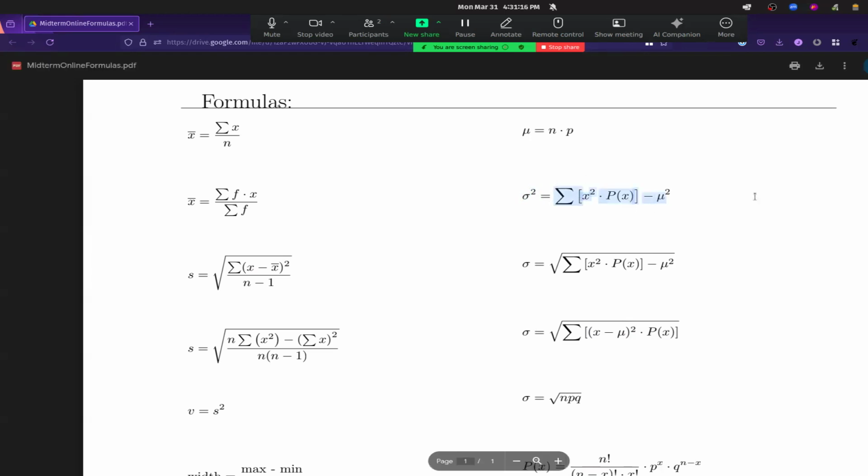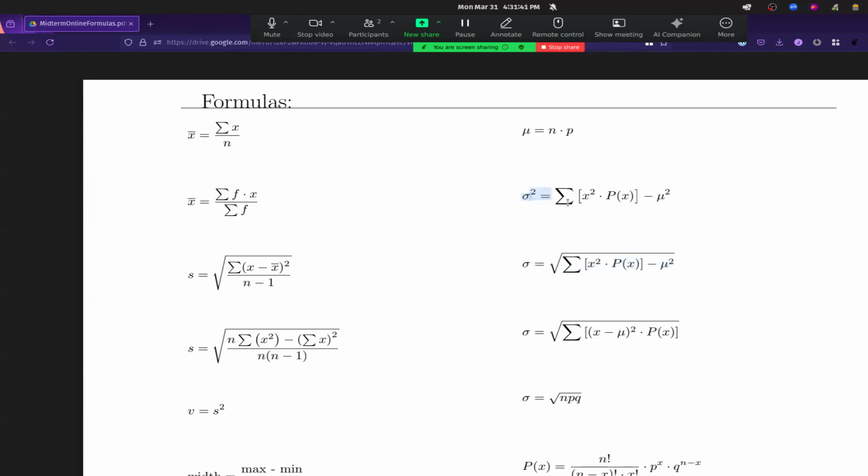You just don't take the square root. Most of what we're going to do involves the standard deviation. If you're ever asked to calculate variance, and there could be a question on the exam about that, then you're safe just calculating the standard deviation and then squaring it to get rid of the square root, and you'll have variance.